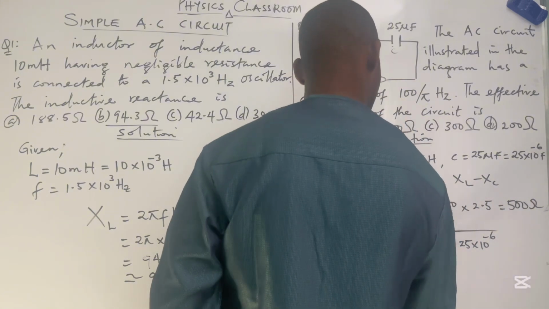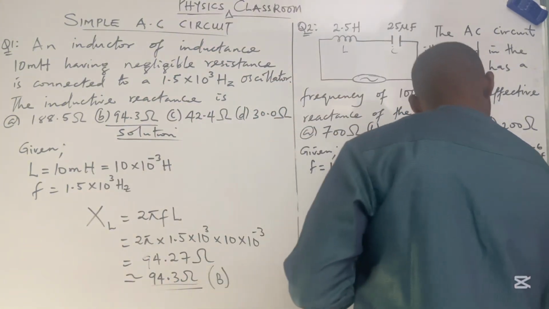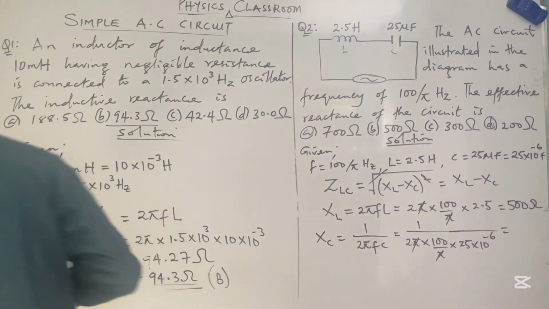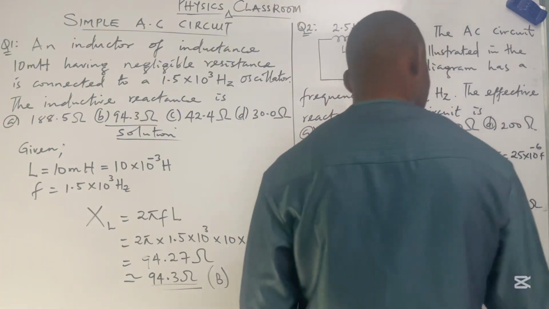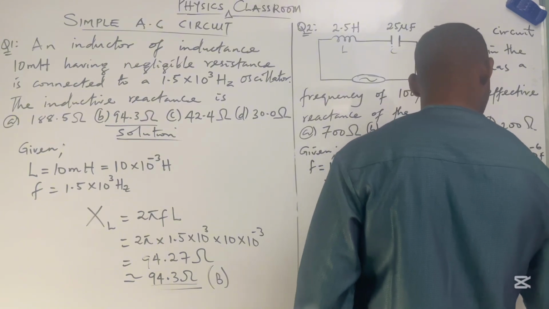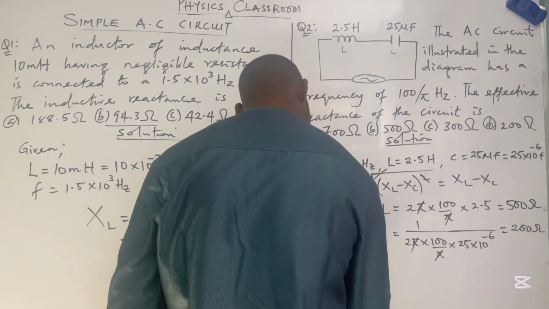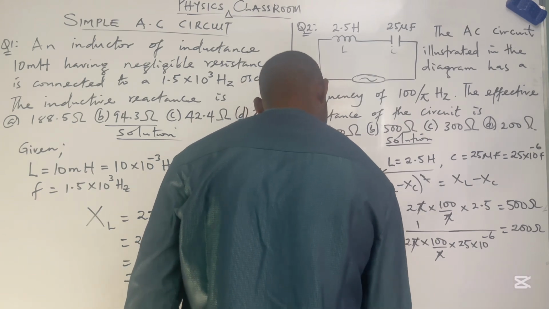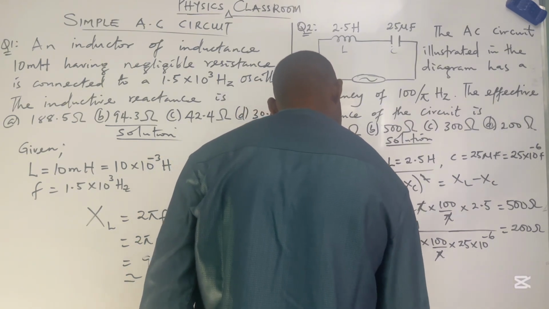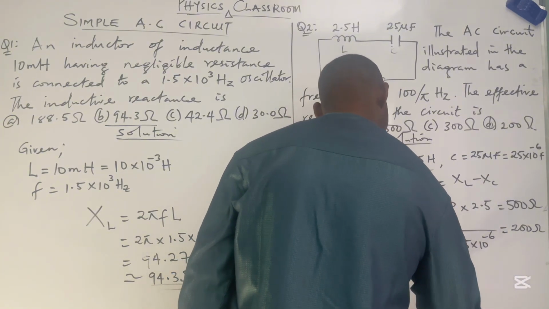So the pi will cancel pi, of course. Punch your calculator. When you punch your calculator correctly, you're going to get 200 ohms.